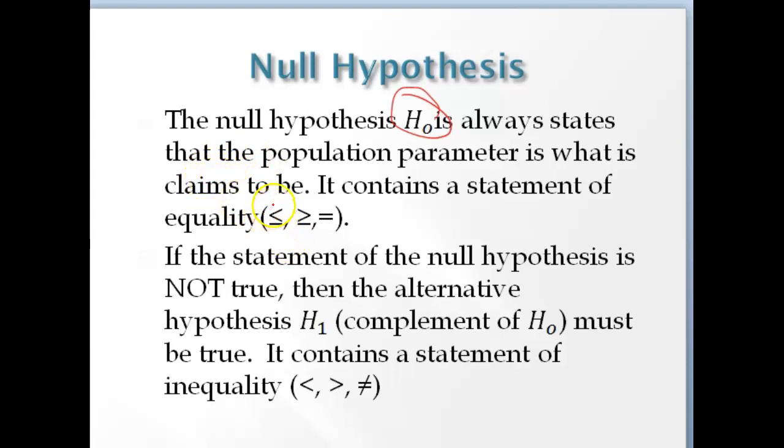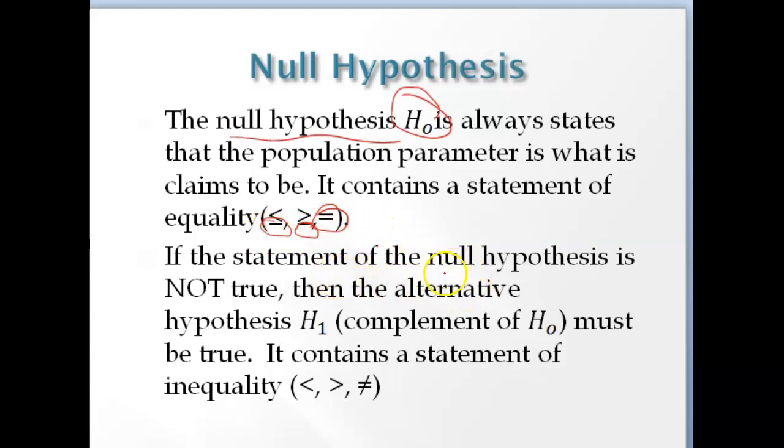The important thing to note about the null hypothesis is that it always contains a condition of equality. So you will identify the null hypothesis by less than or equal to, greater than or equal to, or equal to. But nonetheless, it will always contain a condition of equality.